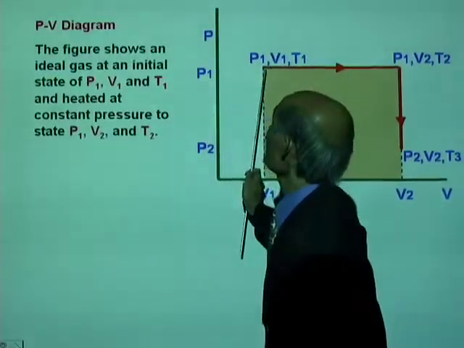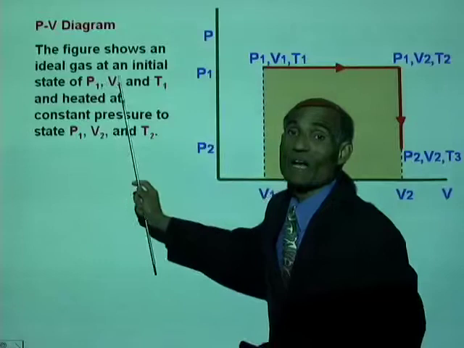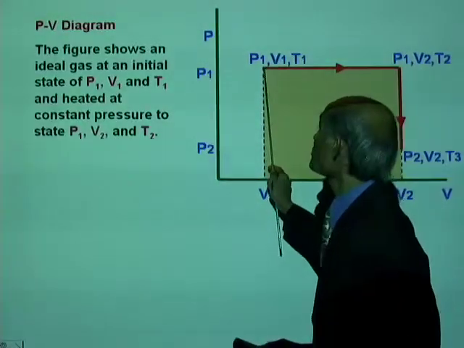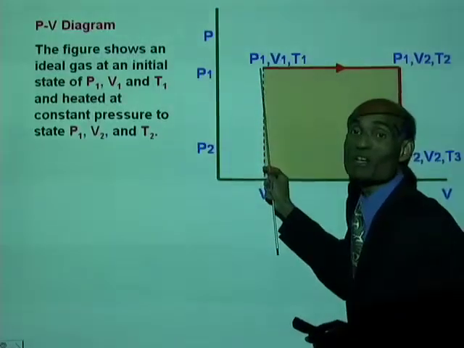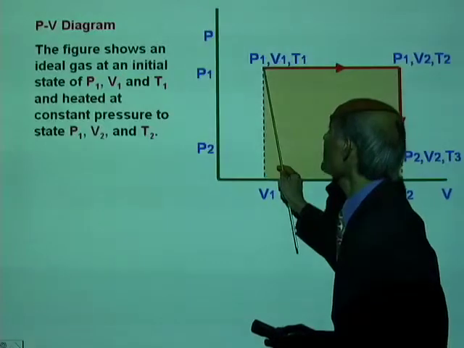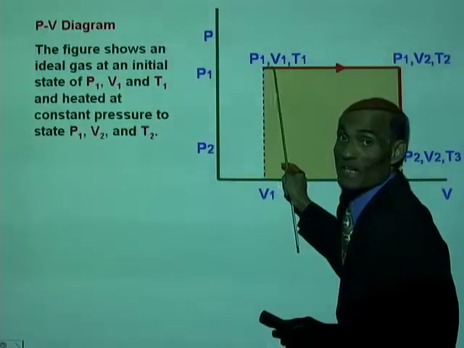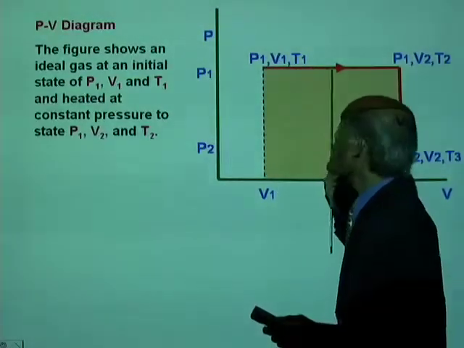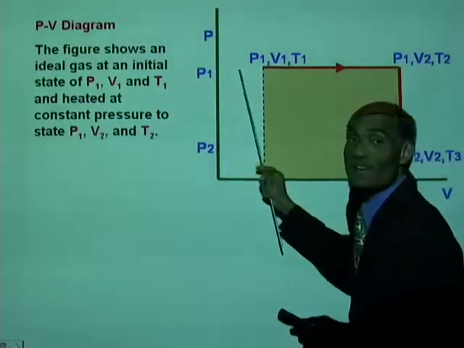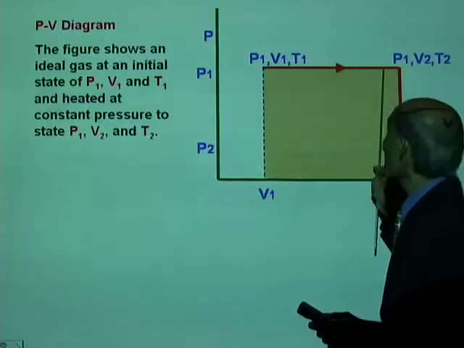The figure here shows an ideal gas at a state P1, V1, T1. It now moves to a state 2. What is the state of the gas here? Pressure remains constant. Pressure hasn't changed.